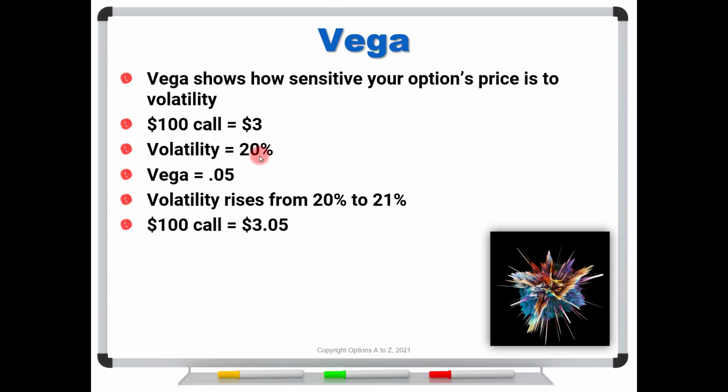Now, the thing about Vega is that longer dated options have greater Vega. So notice the dichotomy here: shorter dated options have greater gamma, but longer dated options have greater Vega. The reason is that if you don't have a lot of time for the stock price to move, increasing the volatility isn't going to do it a whole lot of good.